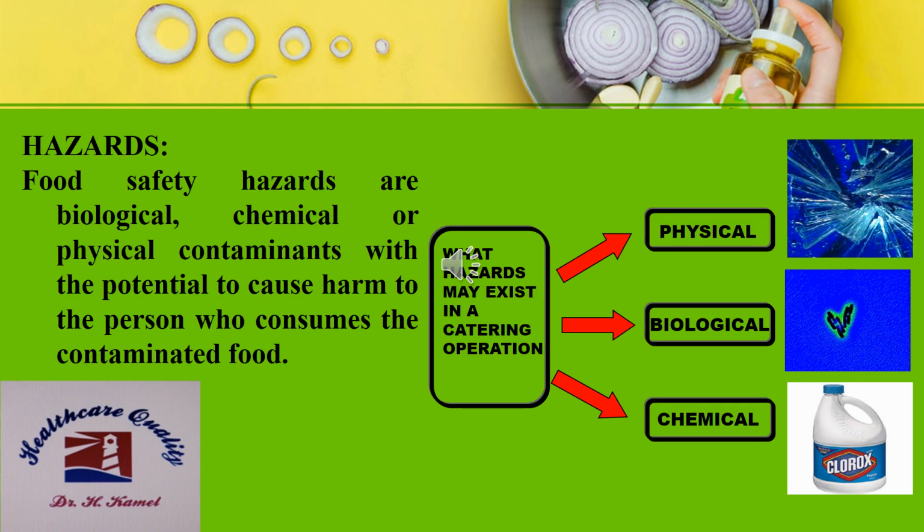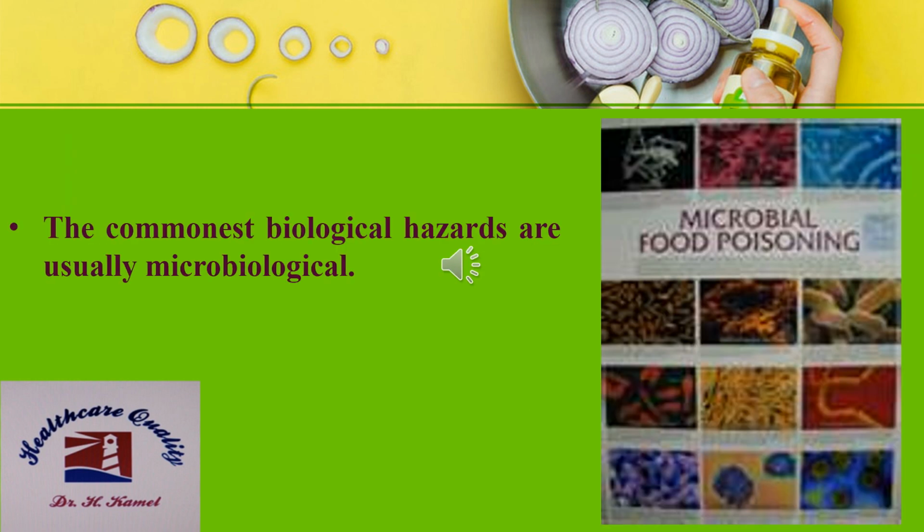Food safety hazards are biological, chemical, or physical contaminants with the potential to cause harm to the person who consumes the contaminated food. The commonest biological hazards are usually microbiological.